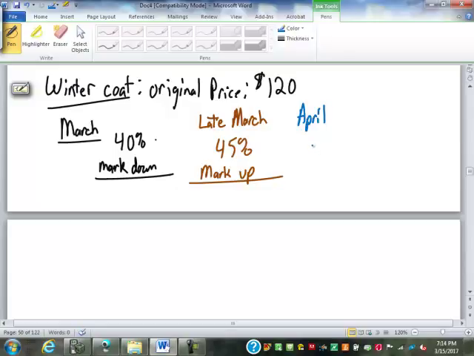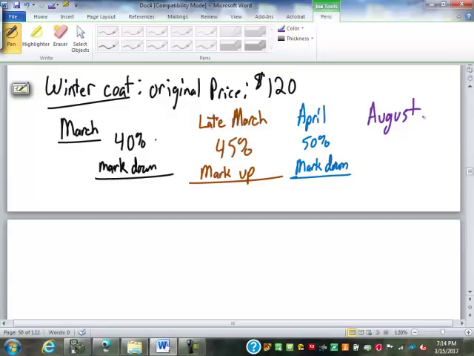April, well, cold snap has gone by. $50 markdown. Now, not a lot of stores will let this happen anymore. A lot of stores cycle them out and actually send them back or have alternative ways of disposing of them. But they won't let it sit out a season like this. But let's say that stays there until August.